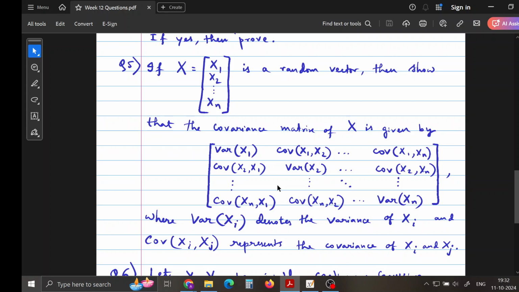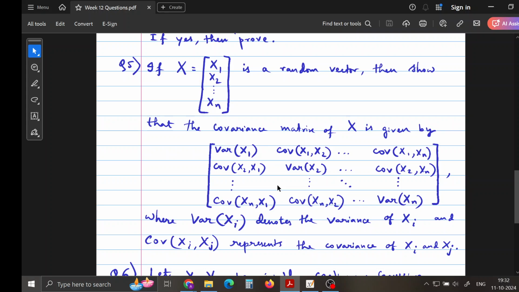Okay, now in this fifth problem, we are given a random vector x. It's an n by 1 random vector, x1, x2 all the way till xn. So x1, x2, xn, all these are random variables, right? They are stacked together as a column vector to form this random vector x.